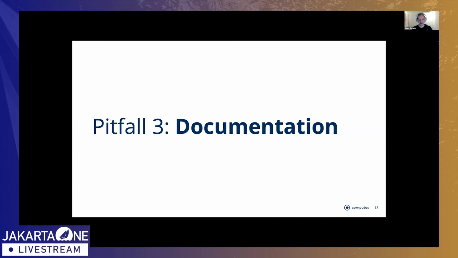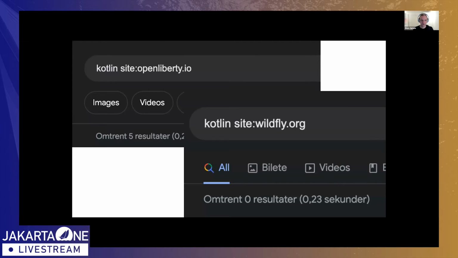It's pretty well documented. So if I look for Kotlin in the WildFly documentation, I should find something, right? Right? Nope. This kind of disappointed me, I have to admit, when I first saw it.